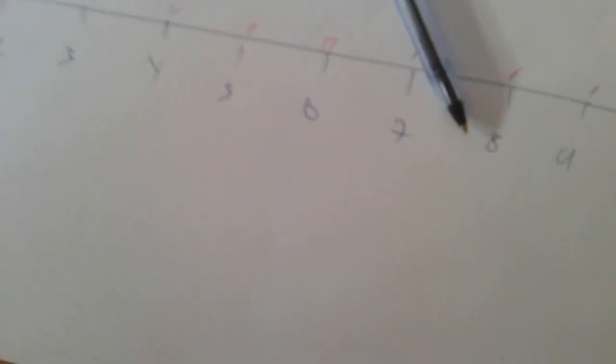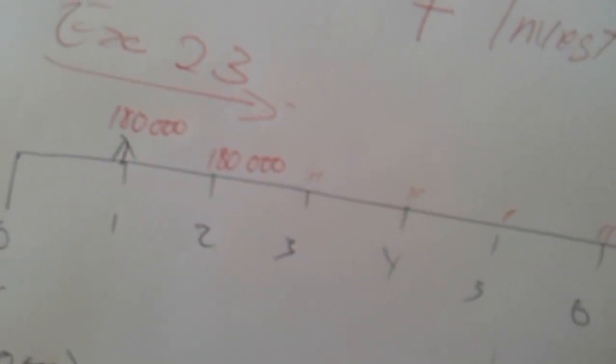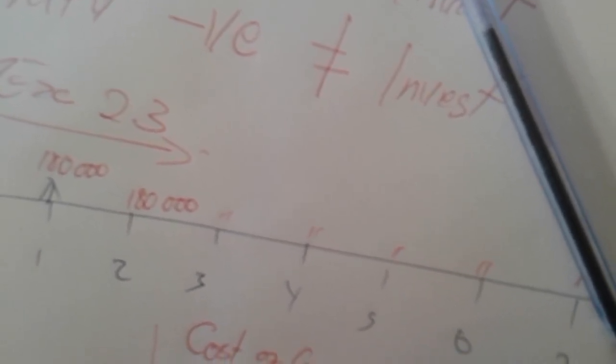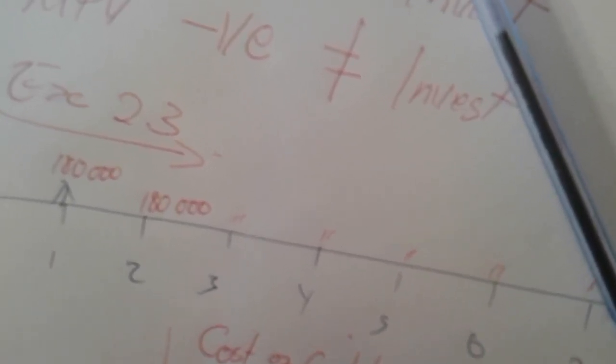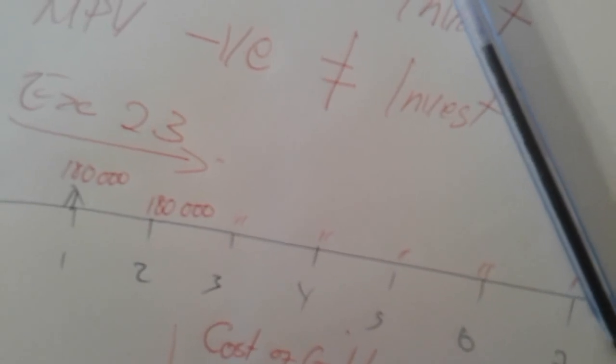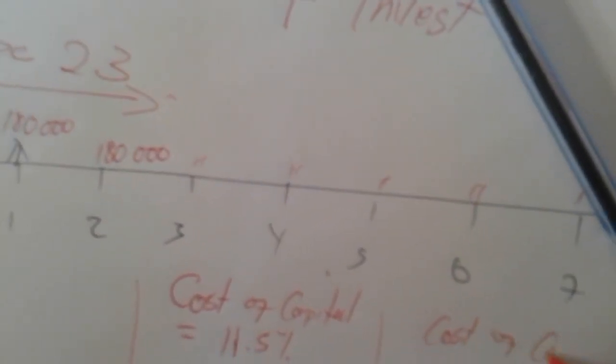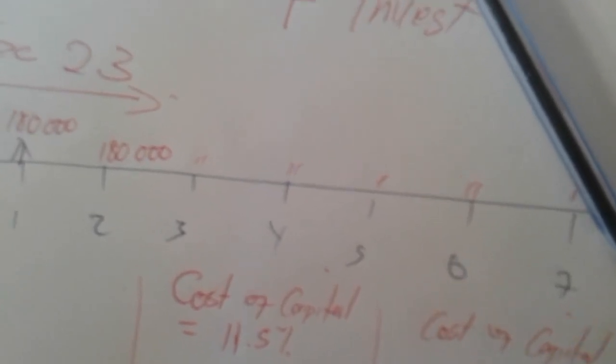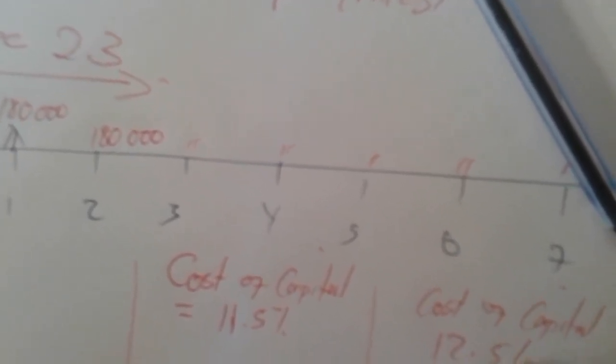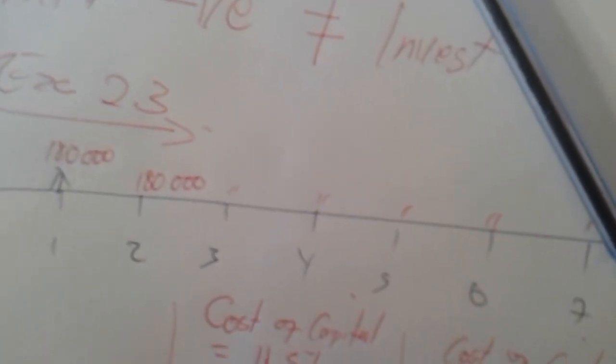So we are going to use a cost of capital of 11.5. Should we invest? What about if it's 12.5? So let's start with cost of capital at 11.5. Good. And then again, cost of capital at 12.5. Okay.